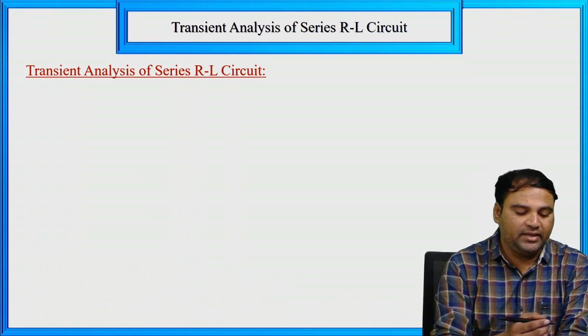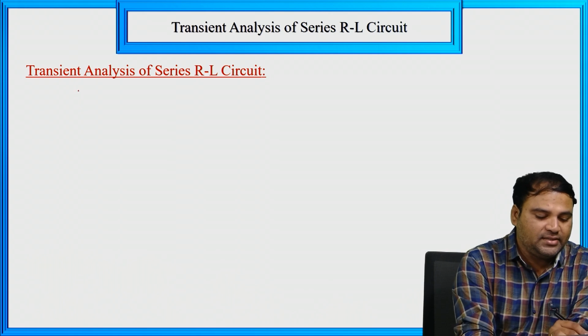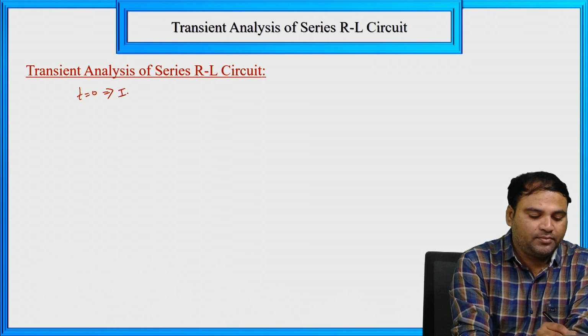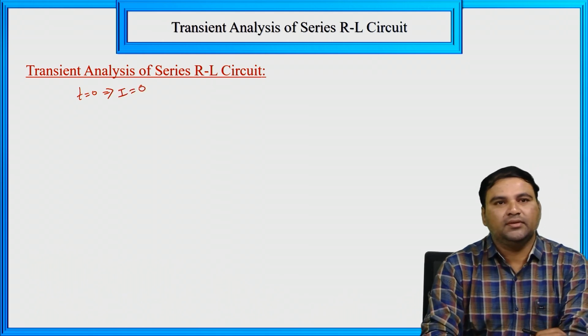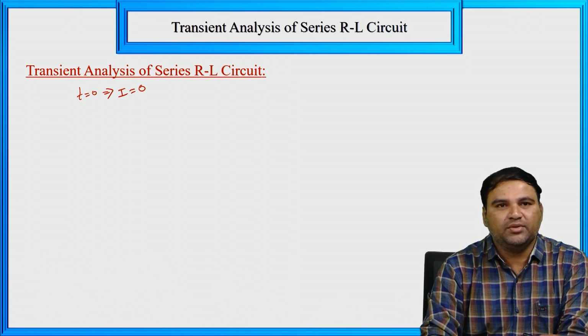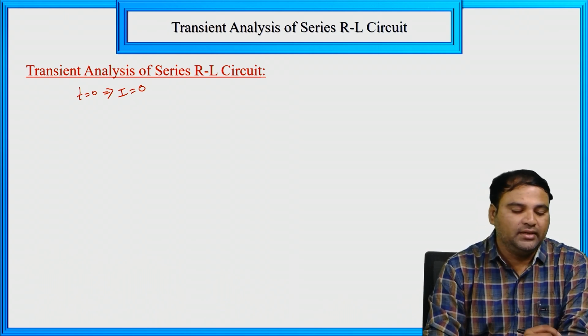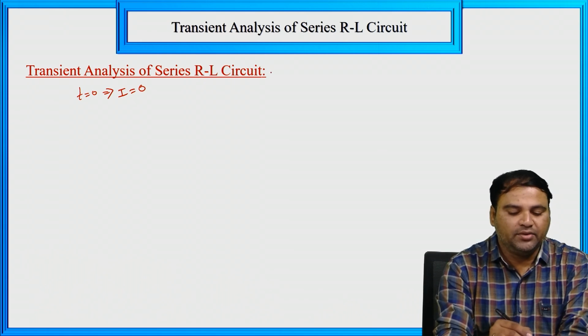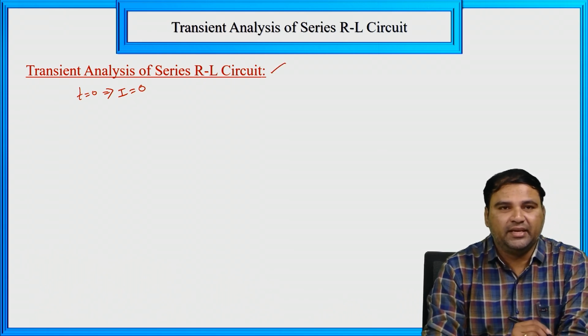Before that, we have some initial conditions: if time t equal to 0, then current is also 0. So now I am taking the transient analysis of series RL circuit with a differential equation.